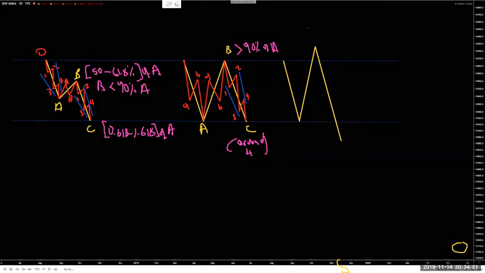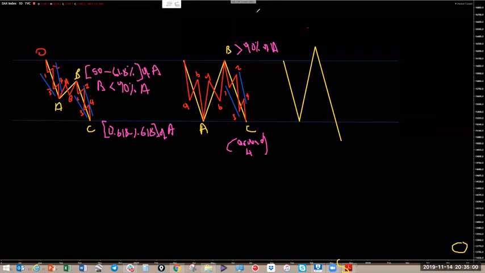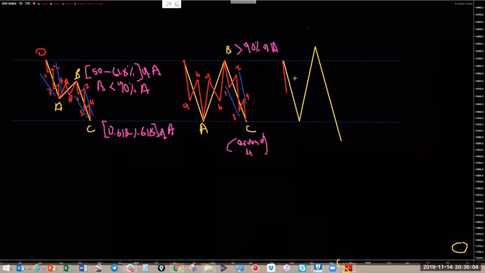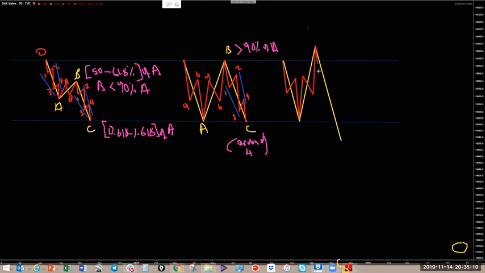So the structure of an expanding flat, reading on bullet number 2, is also a 3-3-5. So that means you're going to have 3 waves in A, 3 waves in B, and 5 in C. A, B, C, A, B, and C, then 1, 2, 3, 4, and 5.